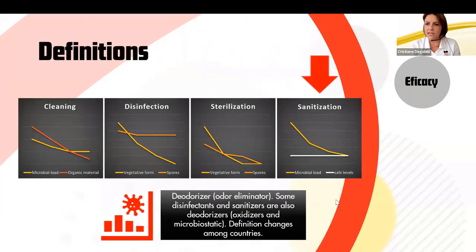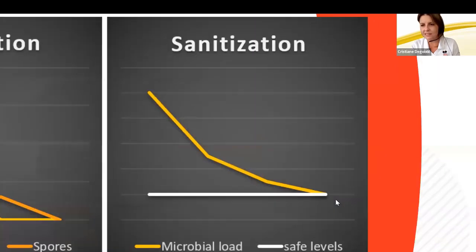And most of the time we are going to talk about sanitization. And this is where things can change according to the country. Sometimes you're going to see sanitization as the entire procedure of reducing the microbial load to safe levels. So it can include the removal of organic material, removal of microbial loads, and also applying an antimicrobial product afterwards.